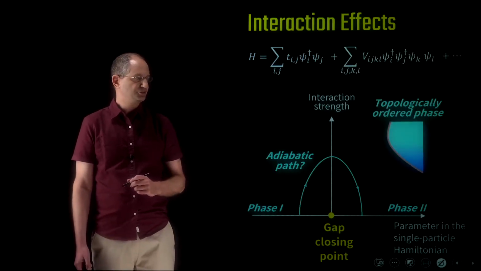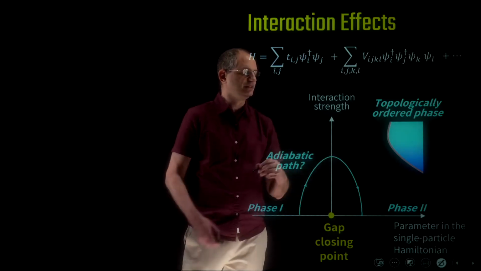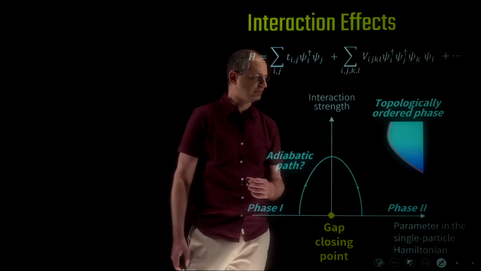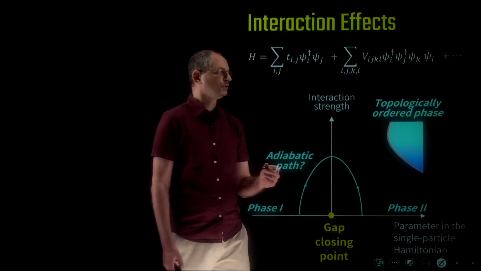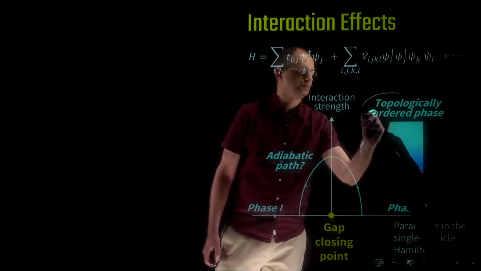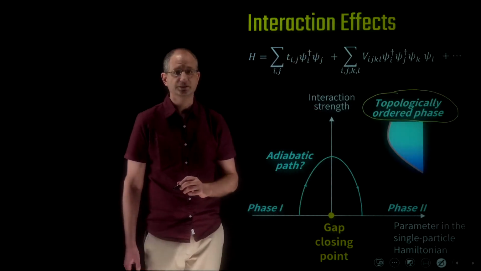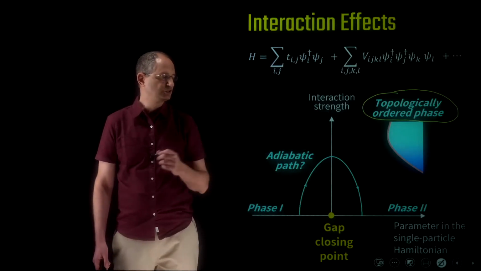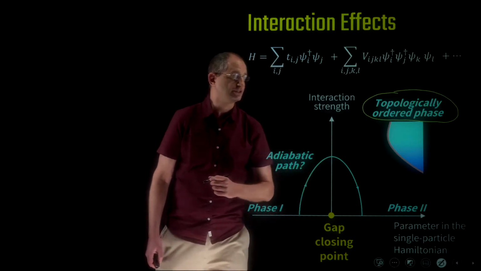And there's a third option, which is maybe the most interesting. Maybe actually in this higher dimensional phase diagram, there are other phases, which are called topologically ordered phases, that are simply inaccessible by non-interacting Hamiltonians. This is a new type of topological phase of matter, which is only accessible in the presence of interactions.